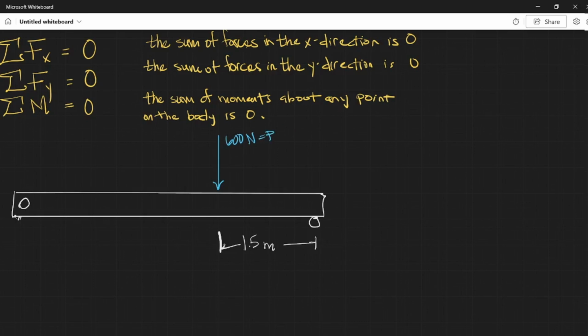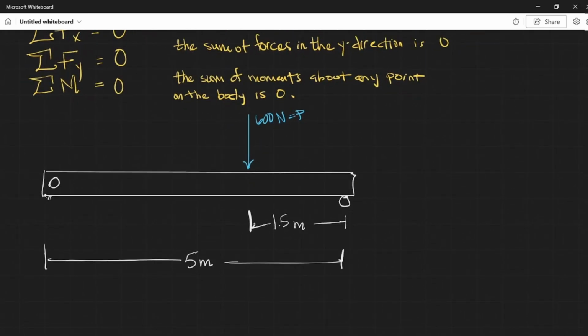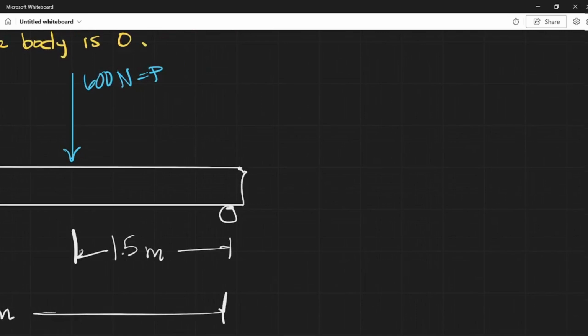We'll call that P, the load force. We'll say that the entire length of this beam is 5 meters. We have a pin support here, and we have a roller support here.